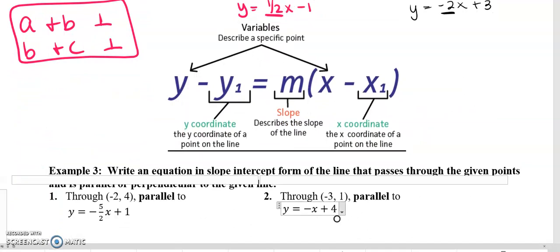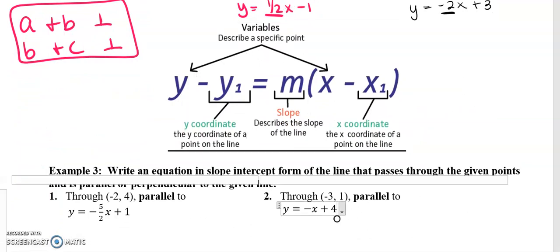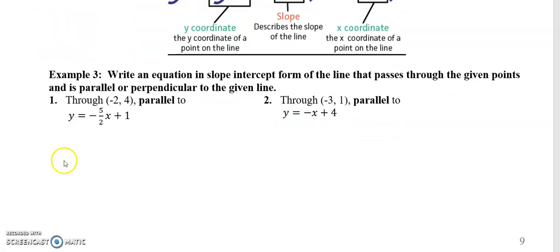So down here, we have our point slope form. And we are going to be plugging in and writing some equations, just like we did in our last lesson. So let's go ahead and look at doing parallel.